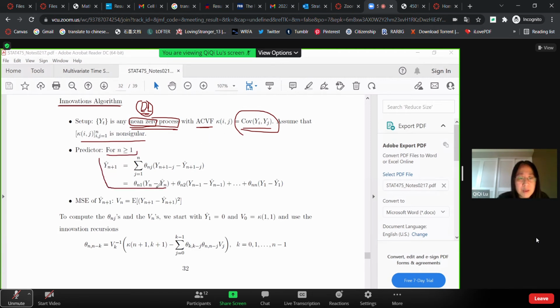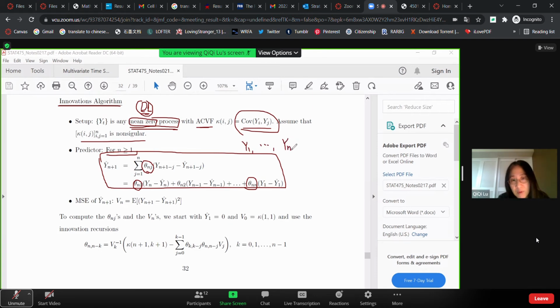Here's the predictor forecast. So what do we need here? We need coefficients theta n1 to theta nn. Remember, we have data from y1 to yn, and we want to predict the next few values.